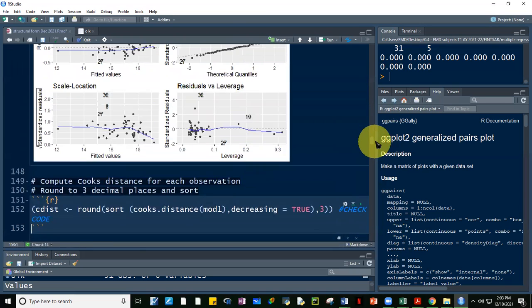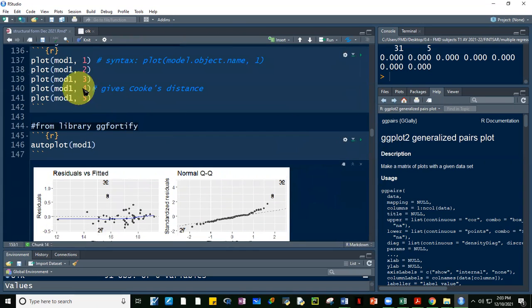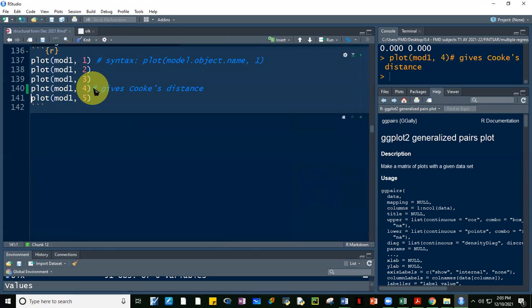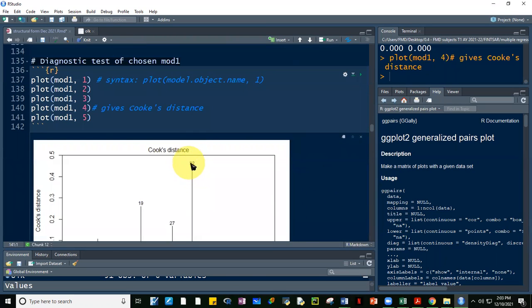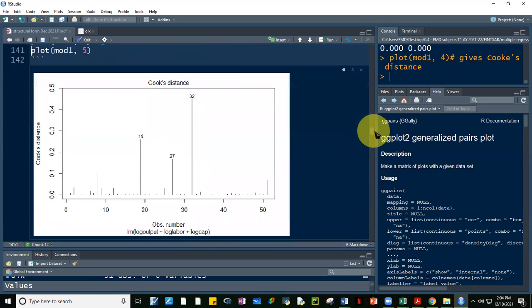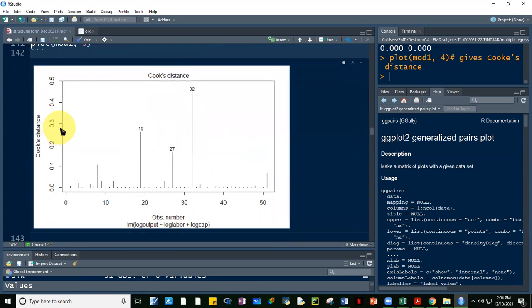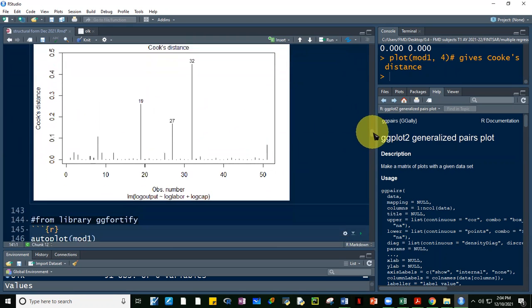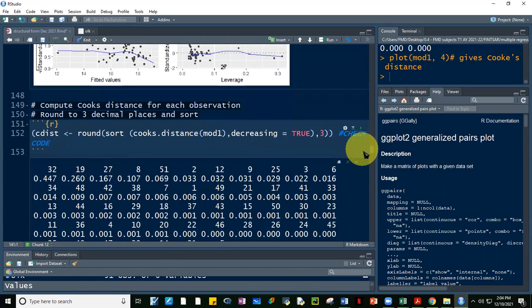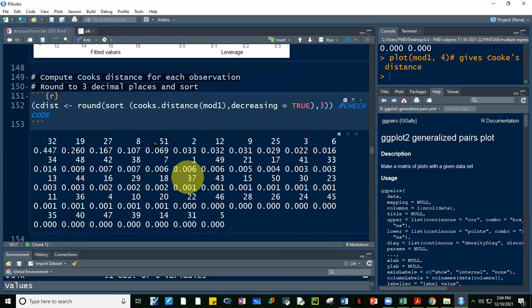Yun ang nakita natin kanina dito sa number 4, where observation number 32 is around 0.4 something. Tapos observation number 19, somewhere here, 27. Sila yung tatlong top notchers in terms of Cook's distance.